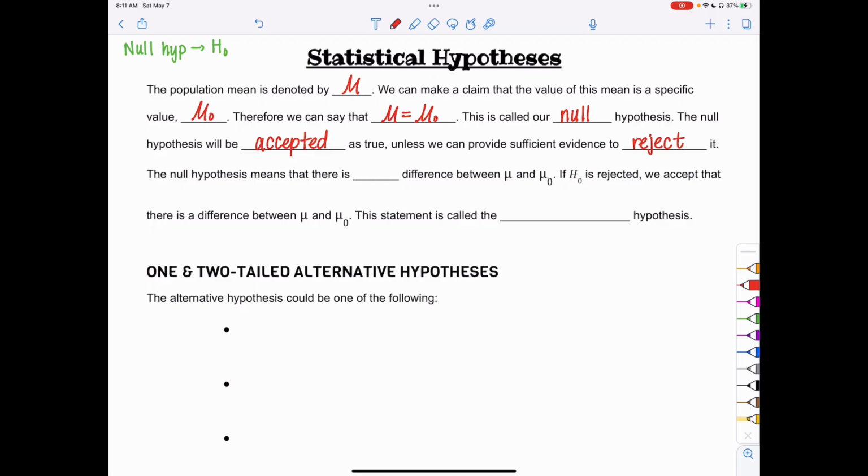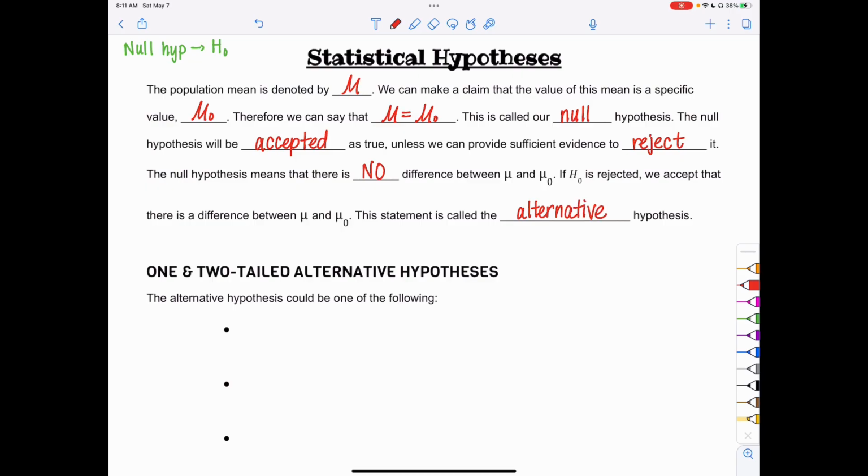The null hypothesis means that there is no difference between mu and mu sub 0, meaning that they are the same, they are equal. If our null hypothesis, H sub 0, is rejected, we are going to accept that there is a difference between mu and mu sub 0, and this statement will be called the alternative hypothesis.